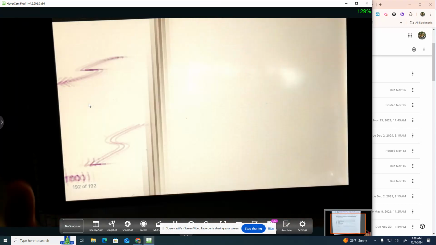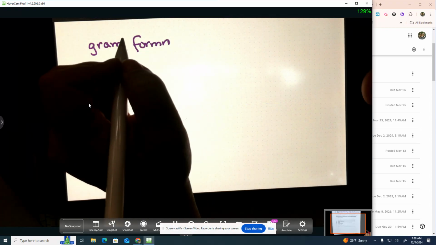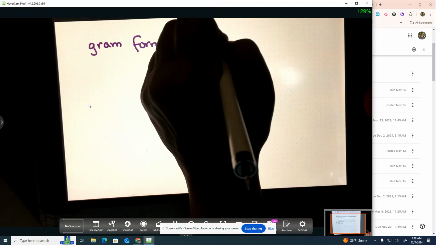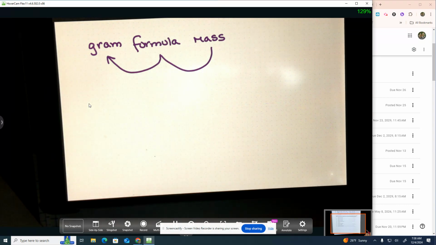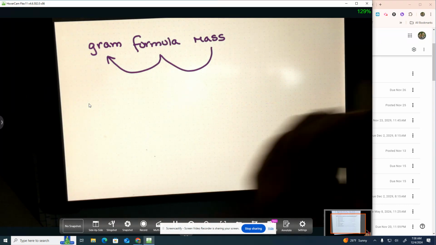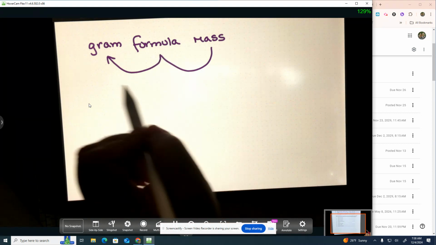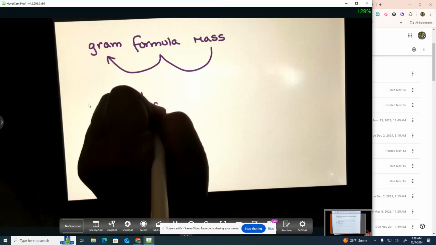This is called gram formula mass. Okay? It's the mass of the formula in grams. Just read it backwards. It's the mass of the said formula, whatever that formula is, in grams. And it will give you grams per mole.